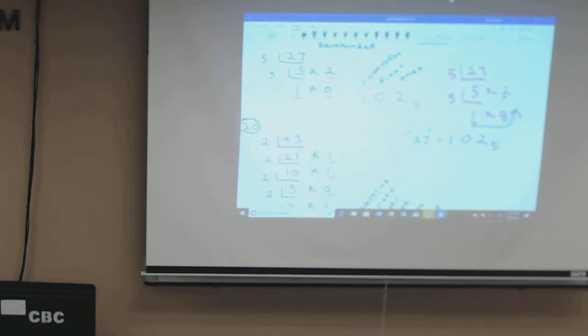Okay, now what was base 5? 5 to the 0, 5 to the 1, and 5 squared. Agreed? What's 5 squared? 25. So one 25, no 5s, and two 1s. What's 25 plus 2? 27. So 27 is, go back to red, 102 in base 5.